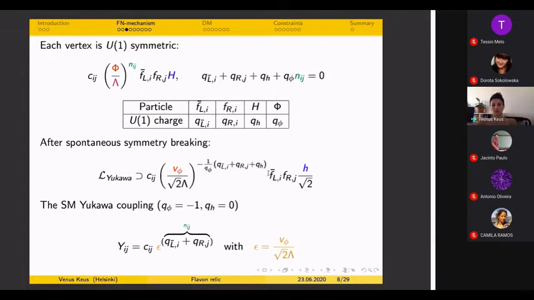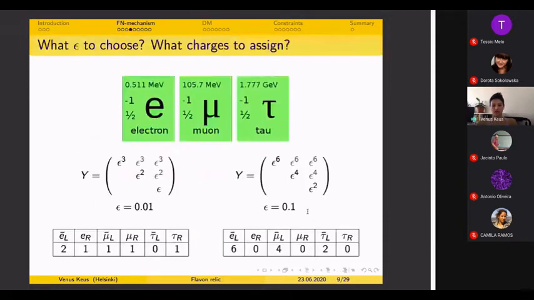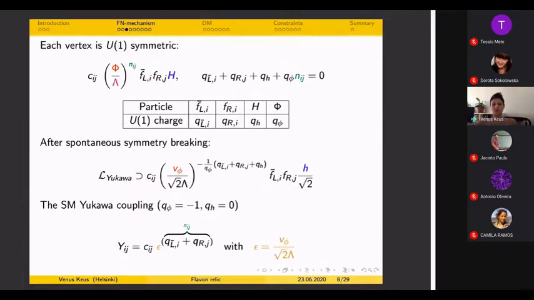I can't highlight it, but basically your Yij is going to be this order 1 coefficient, epsilon to the power of Nij. And Nij is then basically the sum of the charges of the left-handed and right-handed fermions.